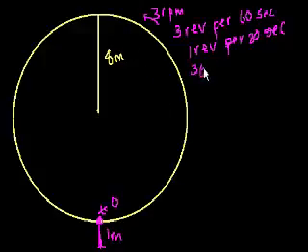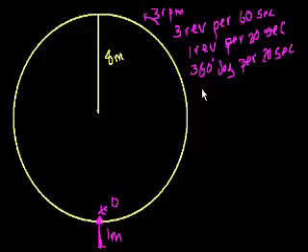So it's 360 degrees per 20 seconds. What's 360 degrees per 20 seconds? Just divide both sides by 20. That means you're going to go 18 degrees per second.